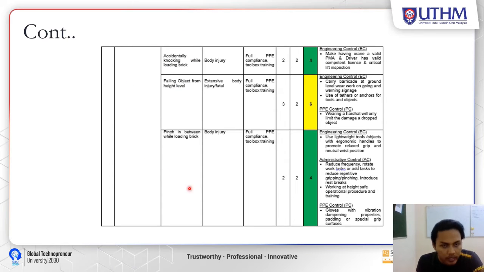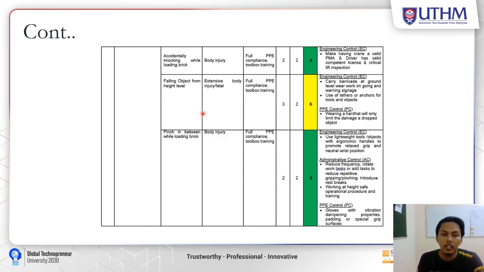So from these hazards, we found out that accidentally knocking got a 4 score, falling object 6 score, pinching is 4 score. So the accidentally knocking and pinching are categorized as low risk hazards, and falling object from height is medium risk.